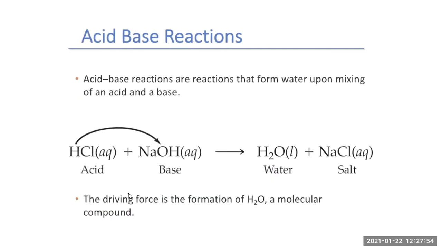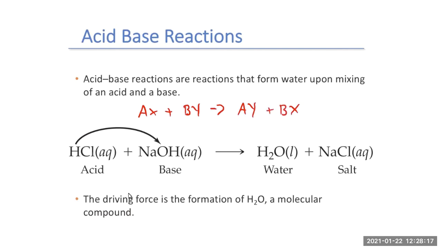Next, let's look at our acid-base reactions. With our acid-base reactions, they follow the same idea as the precipitation. You still have that AX plus BY gives you AY plus BX.